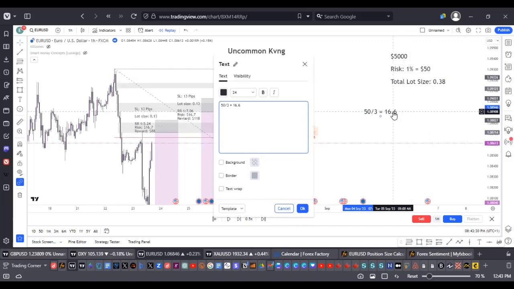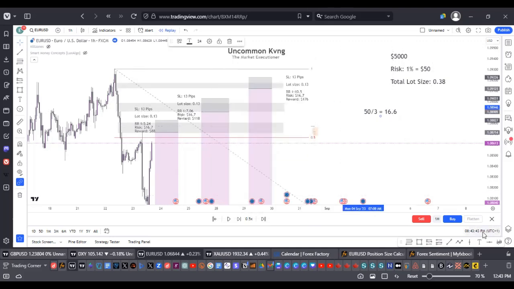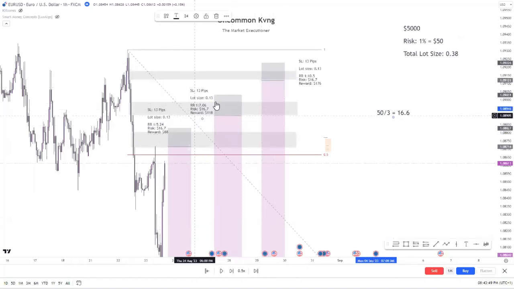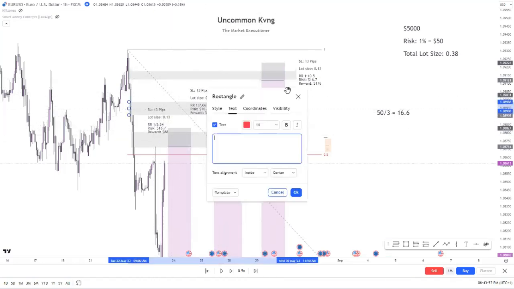So now we have different pip sizes for each of the positions that we want to enter within this trade. We have 3 positions we want to enter, and in these 3 positions we have different irregular stop loss pip sizes, right?